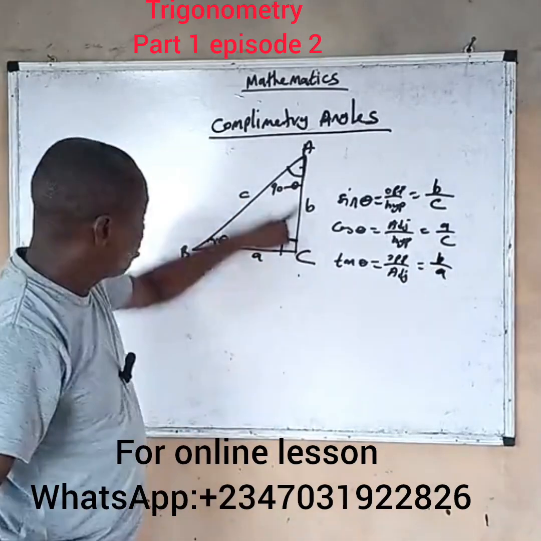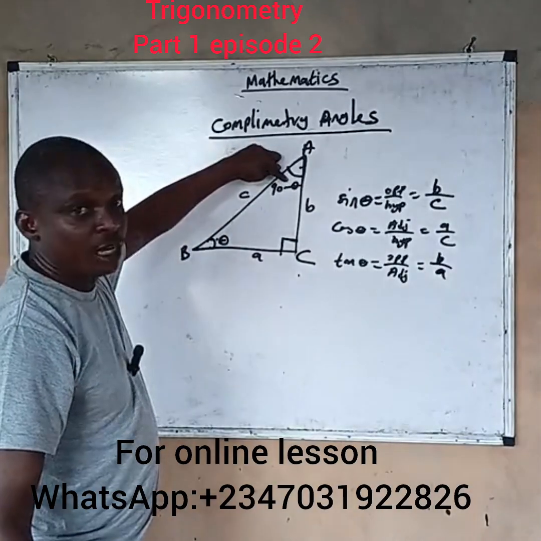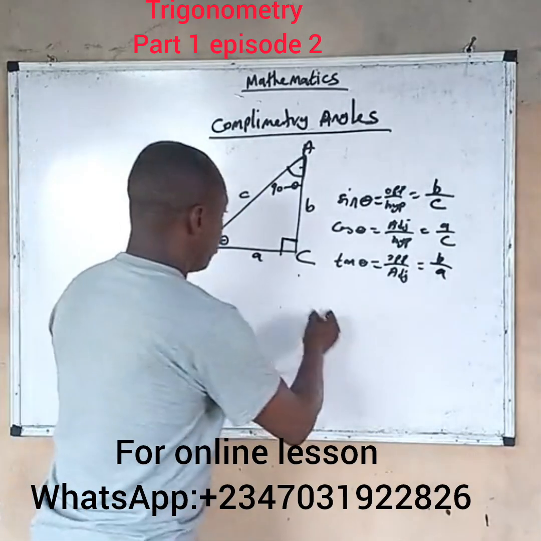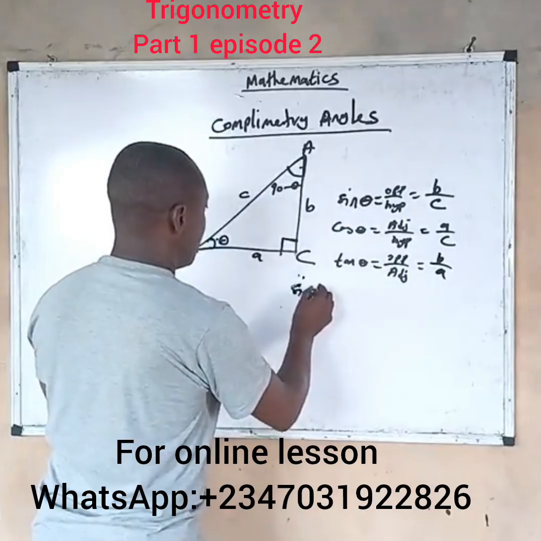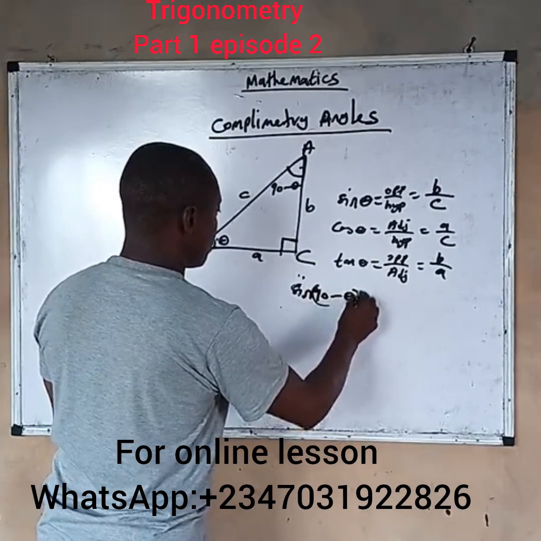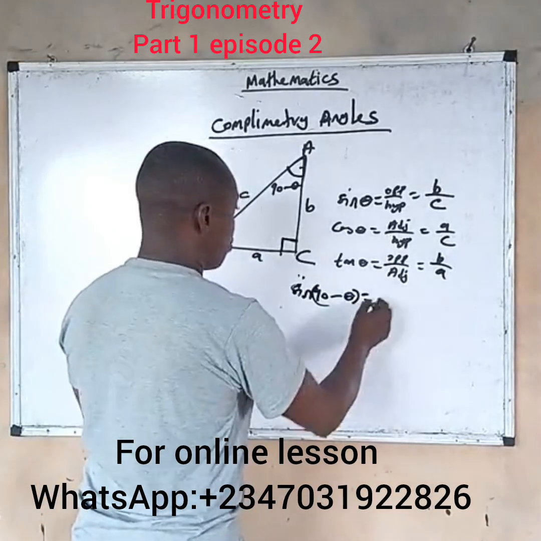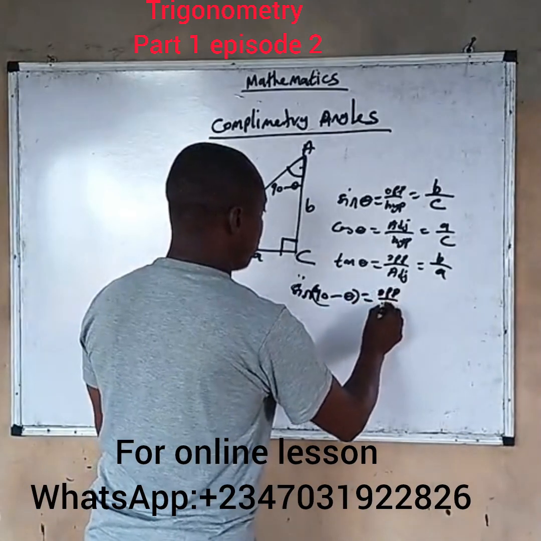Now, still in the same triangle with the same letters, I want to focus on this other angle. We're talking about sine 90 minus theta, which is opposite over hypotenuse.